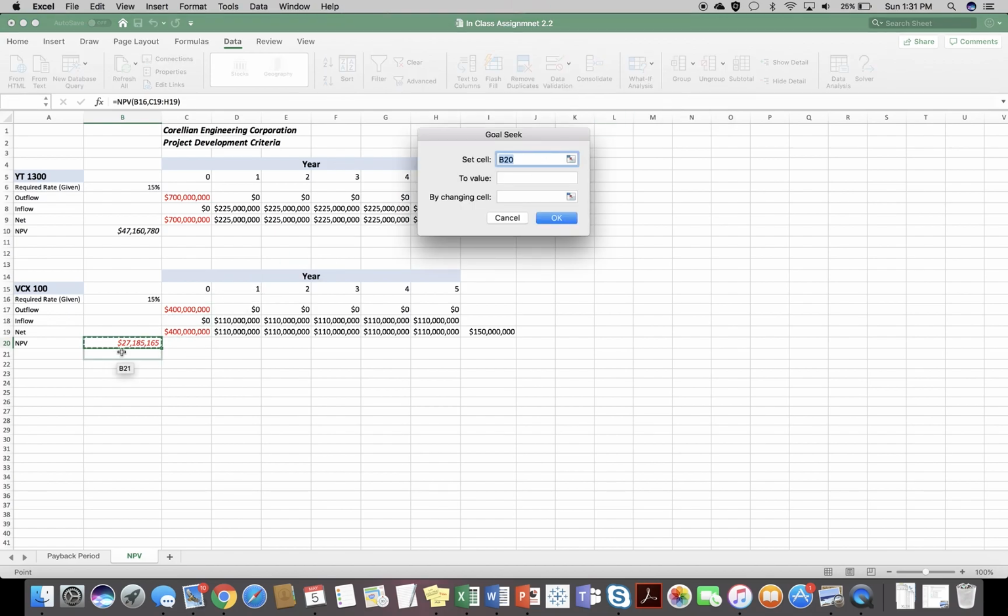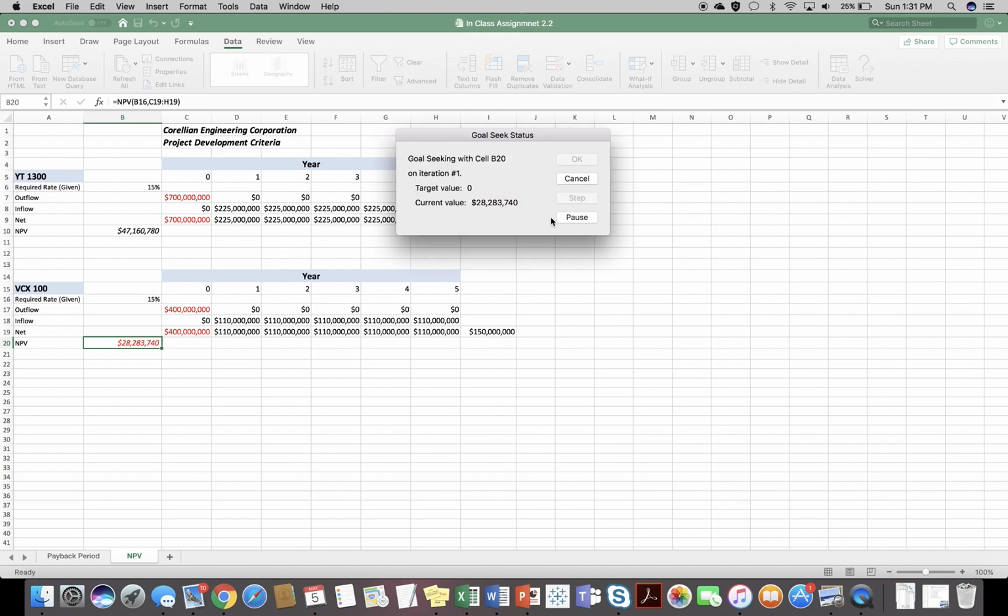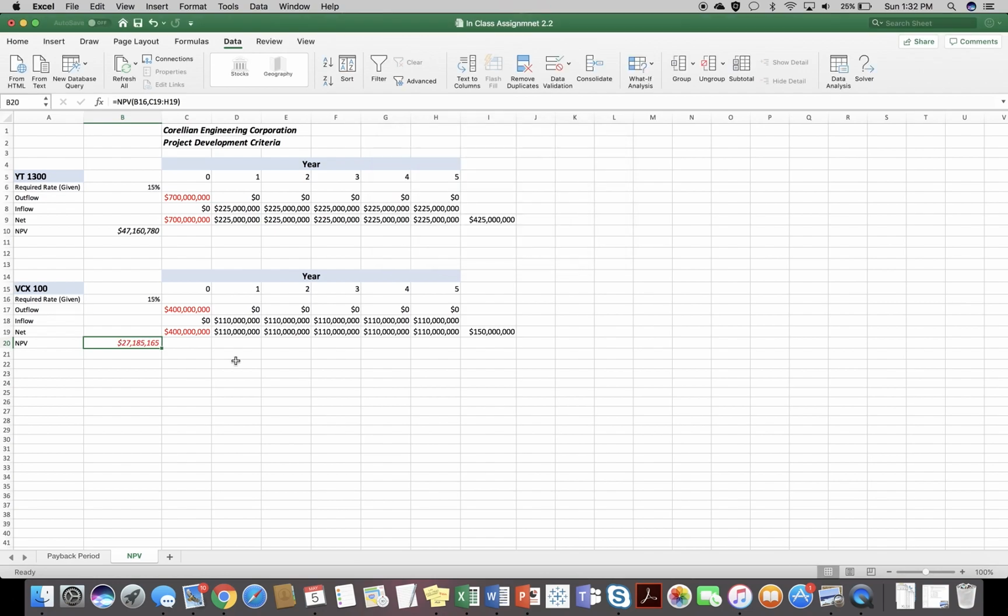We're going to change this net present value to 0 by changing the required rate of return. When we click OK, we run through the iterations and we can see that this project only gets us a 12% return when our required rate was 15%. We click Cancel and we put everything back together.